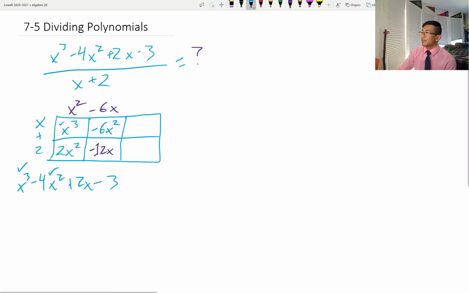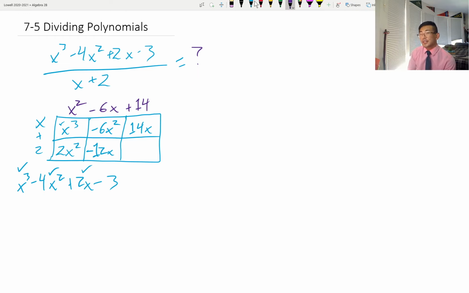Now once again, we have negative 12x, but we want 2x, so we're going to need plus 14 more. So we're going to fill it in with 14x, because x times 14 gets us to 14x.